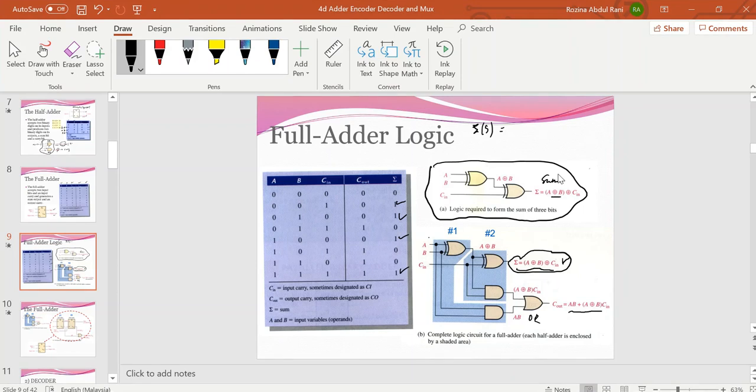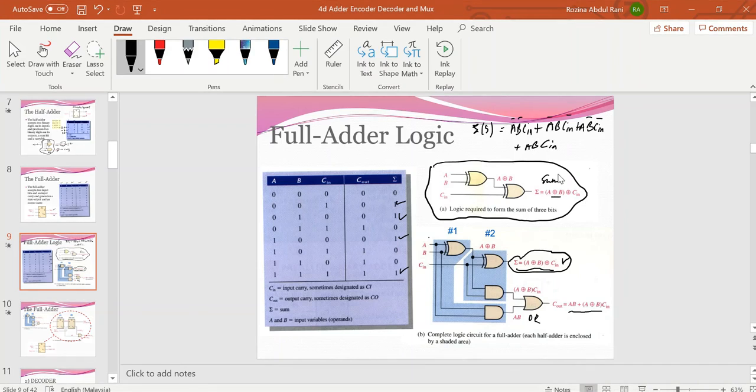So actually the Boolean function for sum is A bar B bar C in plus A bar B C in bar plus A B bar C in bar plus A B C in.